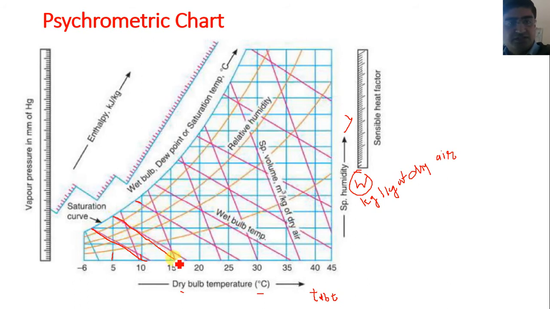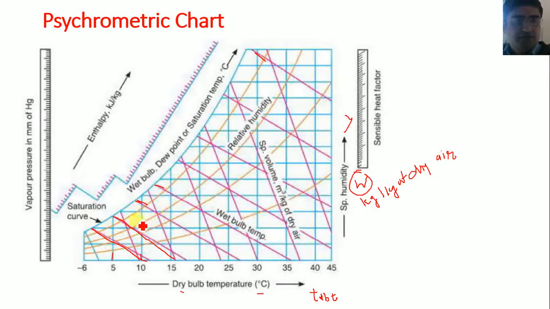On each and every line the value of wet bulb temperature remains the same, or constant. So these are all the constant wet bulb temperature lines, which are shown by the inclined lines.